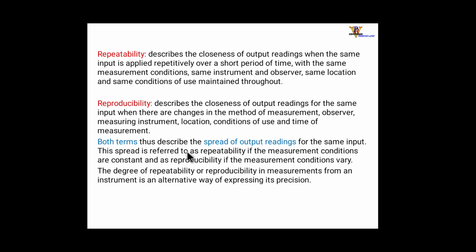We call it repeatability if the conditions remain the same throughout the process, but if we change the conditions, then the same term is known as reproducibility. These two terms represent the precision of your sensor or device.